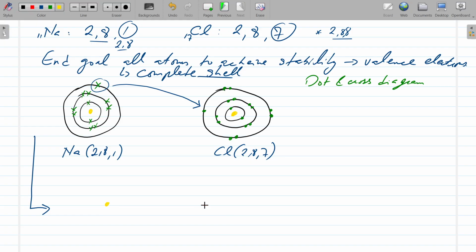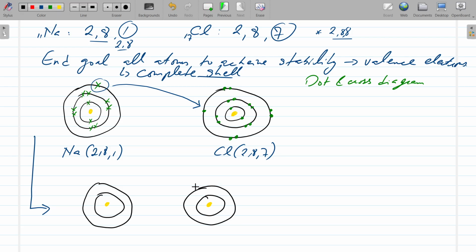So the nuclei for both, and this time sodium will have only 2 outer shells. Chlorine will have 3, as it did. And why does sodium have only 2 outer shells?